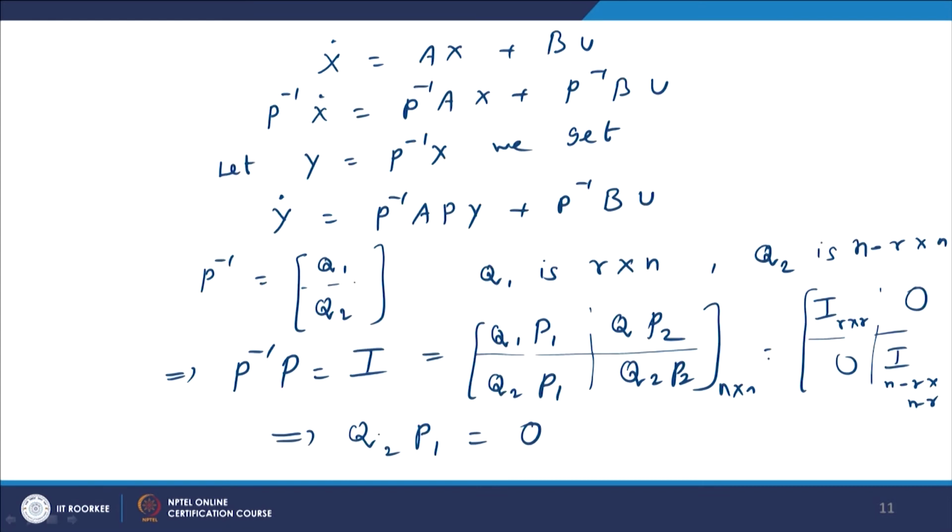So, here Q2 P1 equal to 0, it automatically implies various other things. If we observe this equation, y dot equal to P inverse APy plus P inverse BU, where P inverse is written as Q1 Q2, and P is written as capital P1 capital P2.